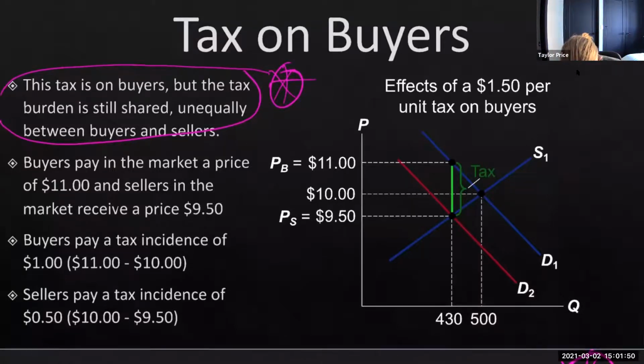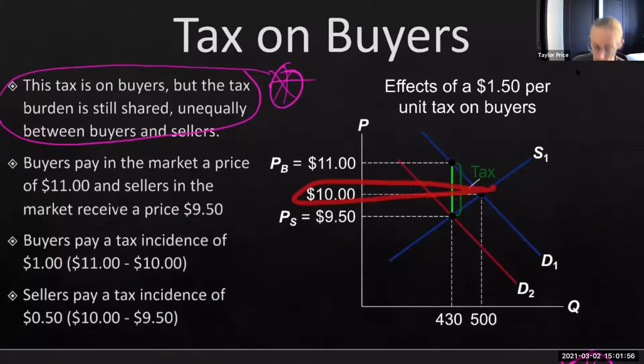So in this case, what we're seeing here is we're basically starting off at an equilibrium price of $10. So before tax, $10. Then what happens is you're going to have to shift the demand curve down so that the difference between the intersection point, actually, let me mark that so it's a little clearer.